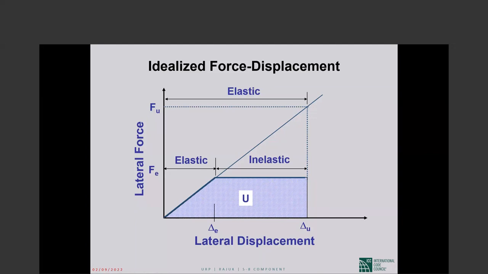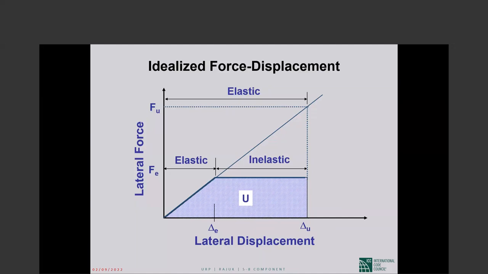So since inelastic deformability comes from proper detailing, we have detailing requirements as part of BNBC or in ACI 318. So we are now going into the detailing part. Today, I will talk about moment frames, tomorrow about shear walls. Those are the principal elements if concrete is your material of construction.